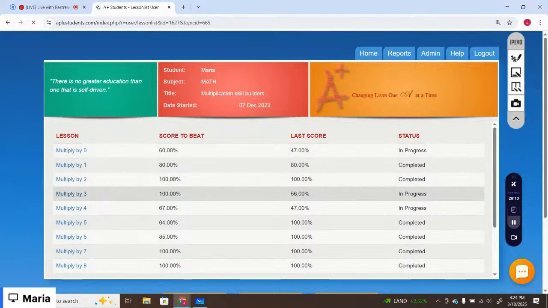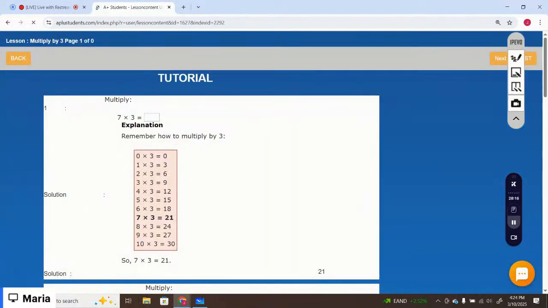The next lesson is multiply by 3. 7 times 3 is 21.